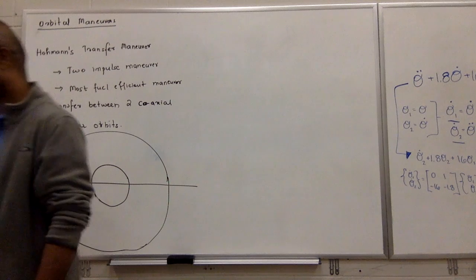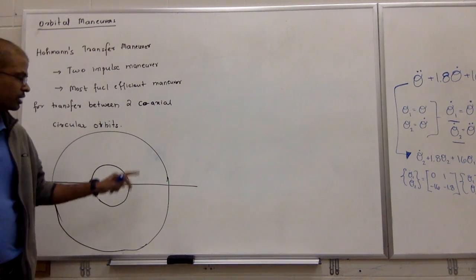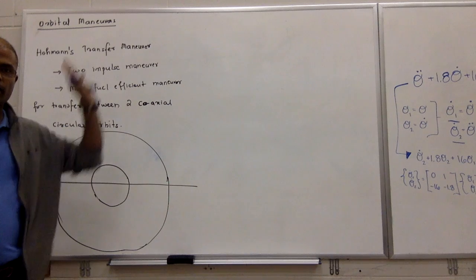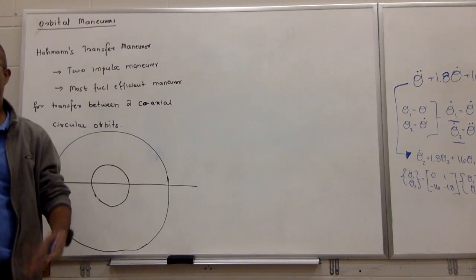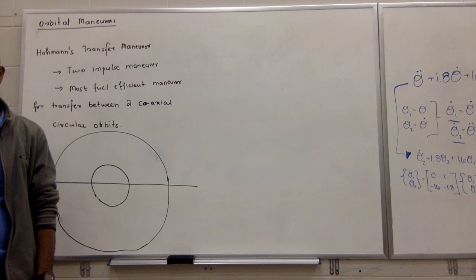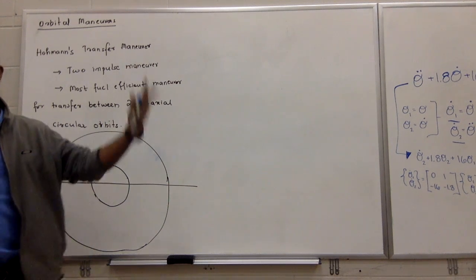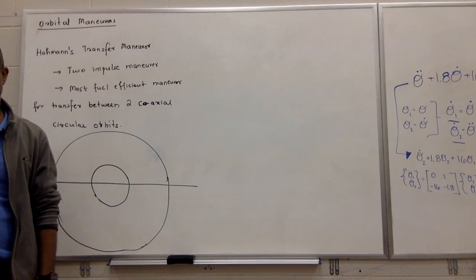Now, if you want to launch a geosynchronous satellite into a far off orbit, what is the approach you are going to take? What altitude do you want to go to? Let's say you want to launch something at 10,000 kilometers. Okay. What approach are you going to take?